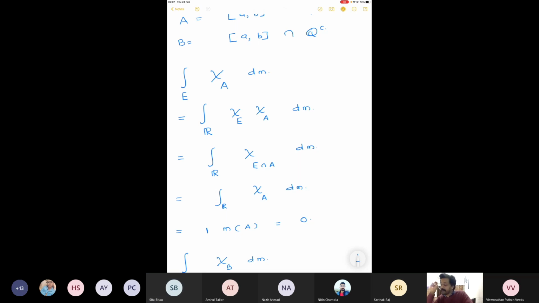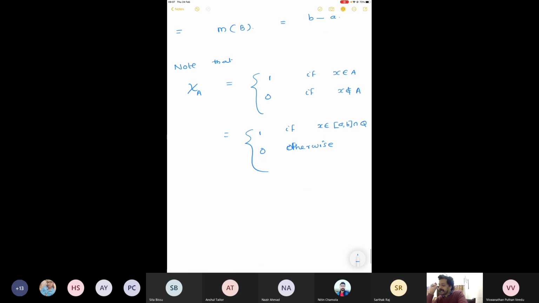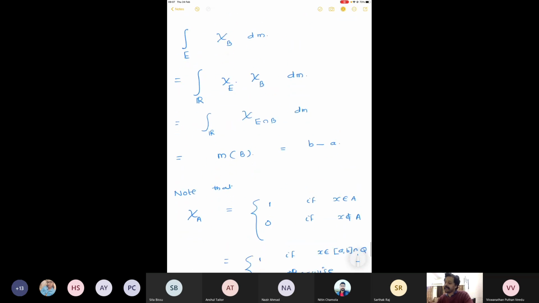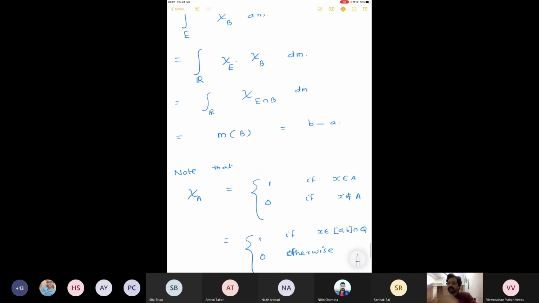This is what we expected, because chi A is 0 everywhere except on a countable set. So we should expect that the integral should be 0. That's what happens when you integrate with respect to Lebesgue. Whereas with respect to Riemann, you cannot even talk about the integral.